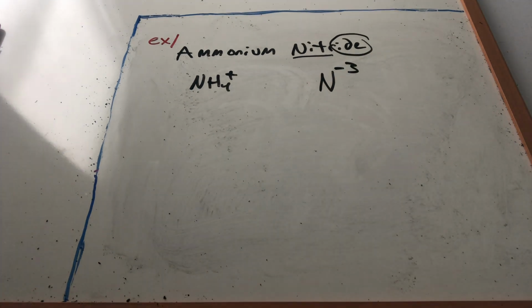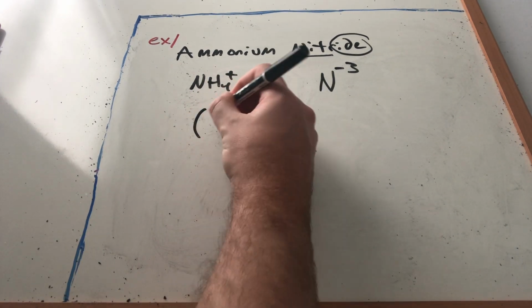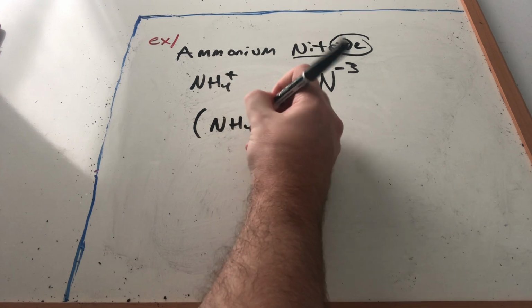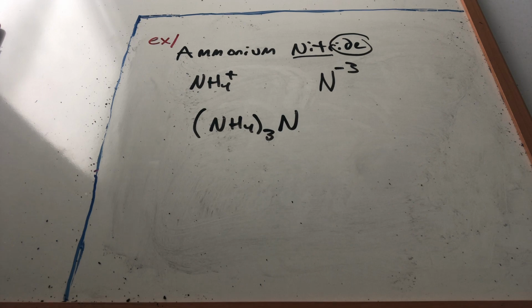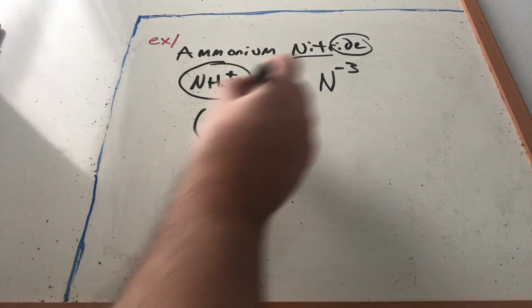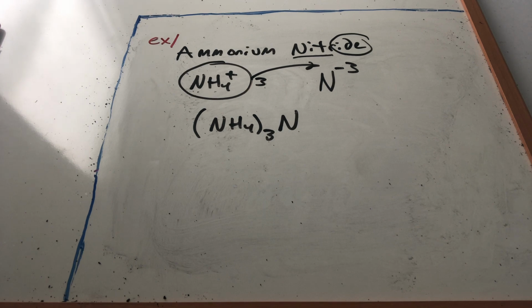All right. So N from the periodic table is in group 5, so it has a -3. Okay. So how many of these pluses do I need? Oh, I need 3 again. So what are we going to do? We're going to use parentheses. We need 3 whole big chunks of NH4 plus, right? We need 3 of these to balance out the -3 of the nitride. So we have NH4 in parentheses 3N, okay?